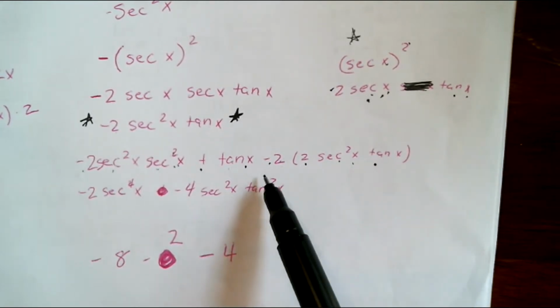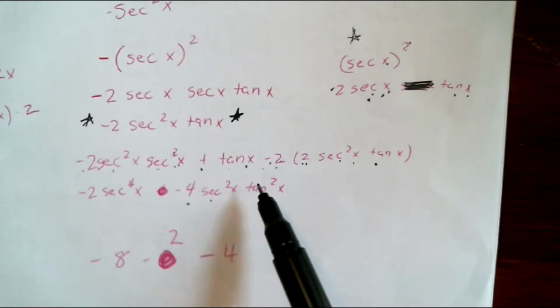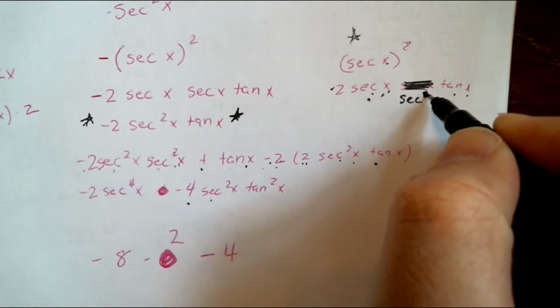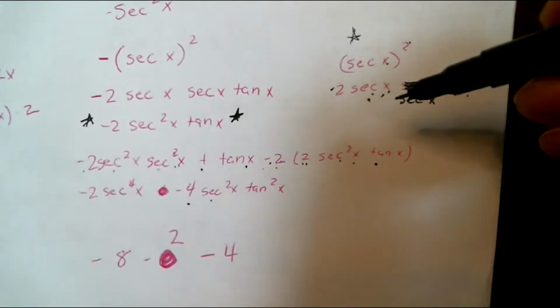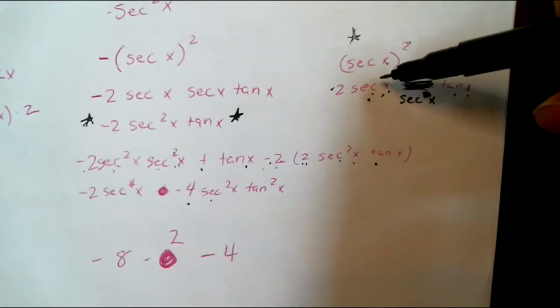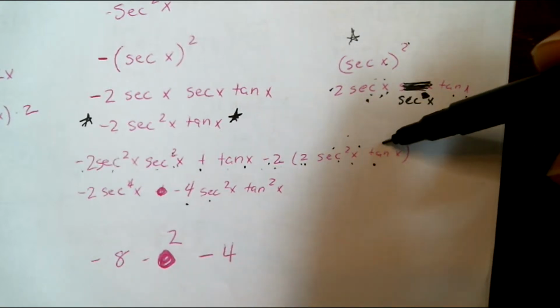And then we multiply that -2 times the 2 and get -4 secant. No, that is right. Sorry, that's where the squared is coming from. It's been a while since I've done the derivative of secant. So secant x, and then the derivative of secant x is secant x tangent x. And then you put both of those together to give me secant squared x times tangent x.